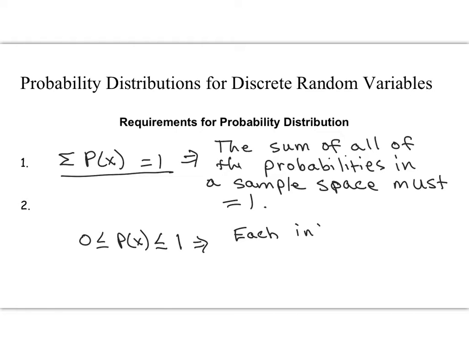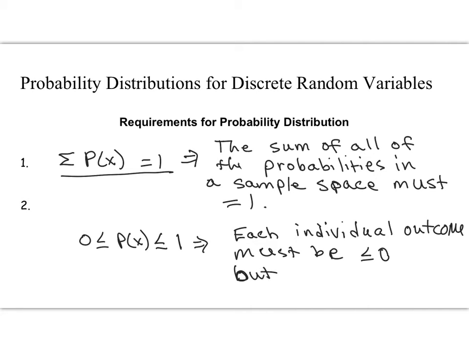Each individual outcome must be greater than or equal to 0, but less than or equal to 1.